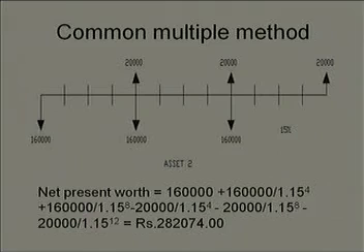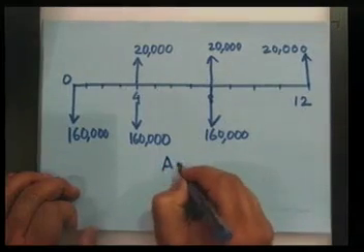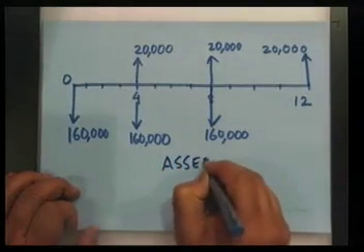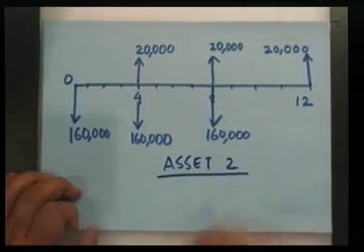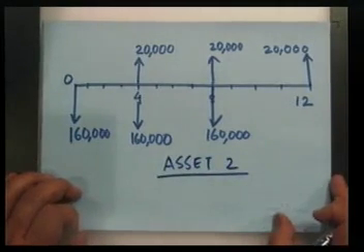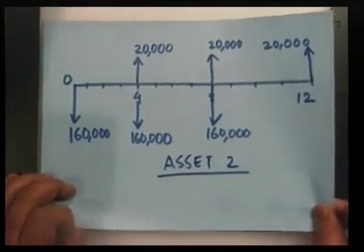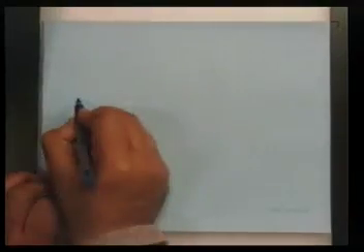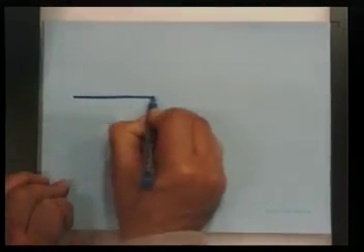Now, I will also show you how to draw it. This is as far as asset 2 is concerned, right. Now, I will do it for asset 1 on a separate piece of paper. So, let us draw a line.